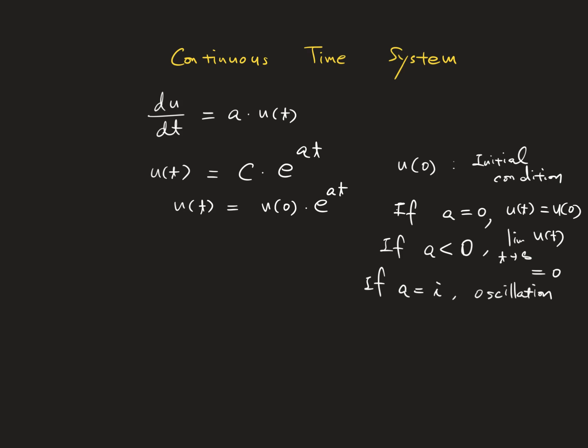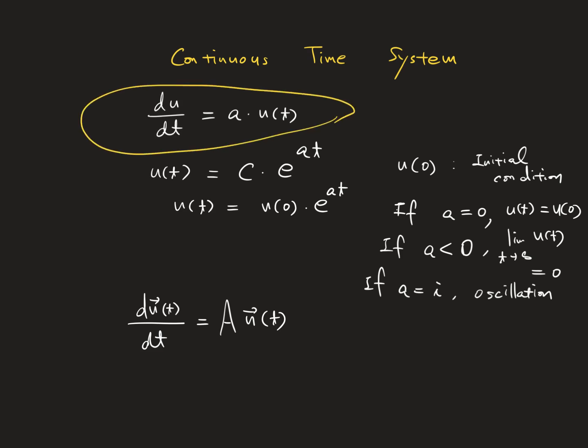So we know these things already, and what we want to do is solve this equation. U of t now is a vector. This differential equation with one variable is the simplest one, because we have only one variable u.